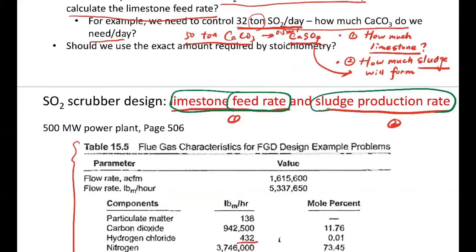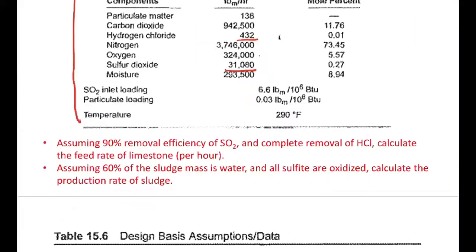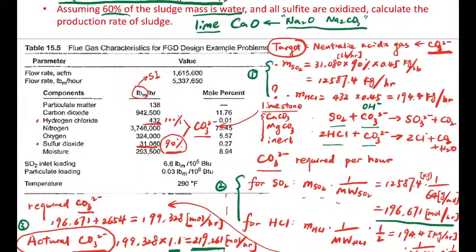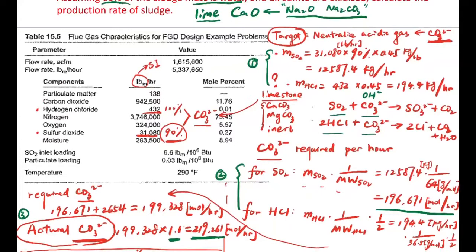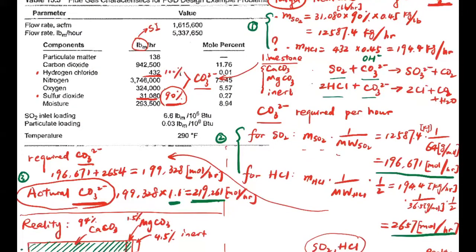Mainly because if we know these feed rates, then we can design other auxiliary systems or accessory systems to transport these raw materials and products. So we mentioned that for the feed rate, we're using the carbonate ions as a link, right, to convert the amount of the acidic gases to the required carbonate ions, and then convert that required carbonate ions into the limestone feed rate.